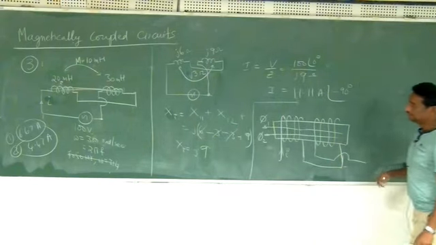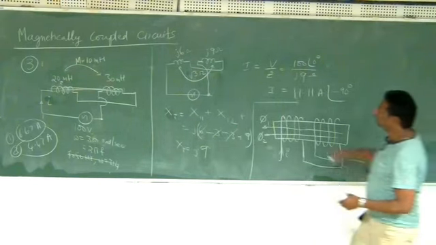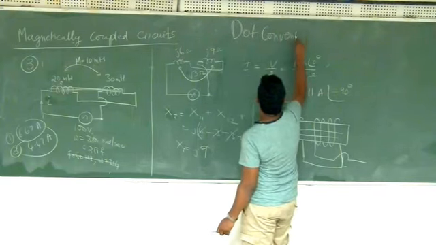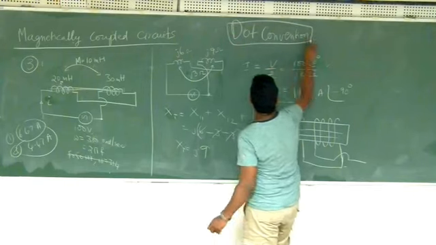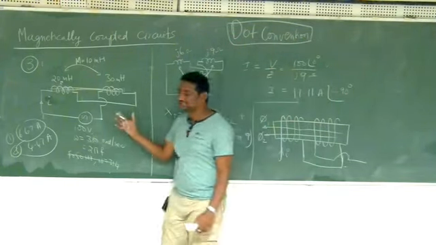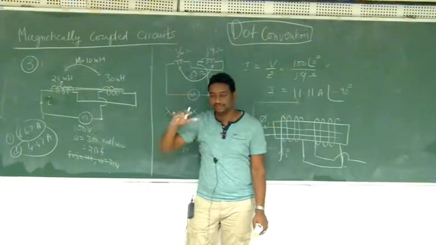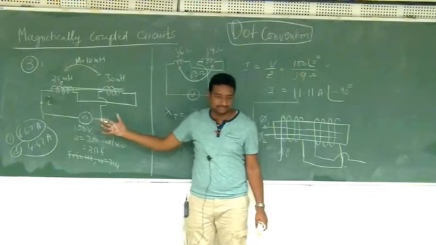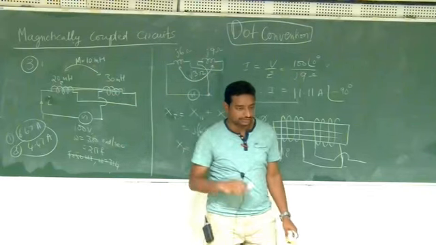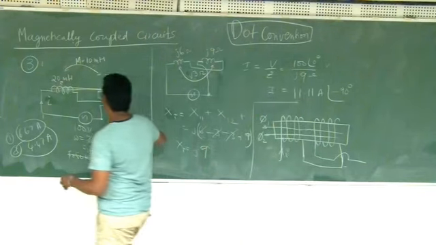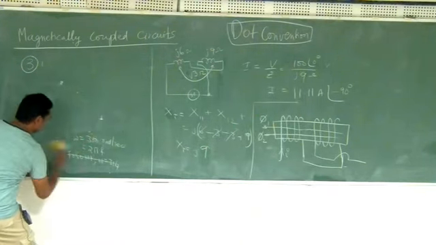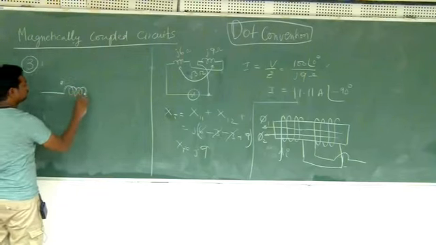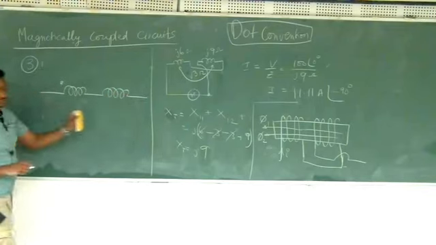Now I want to introduce something called dot convention. See, the problem is this is a circuit diagram, so it's like a layout of a physical diagram. Every time I don't want to draw like this, and then it becomes very difficult to draw. So what I want to do is I'll simply draw like this. I draw two coils which are in series.